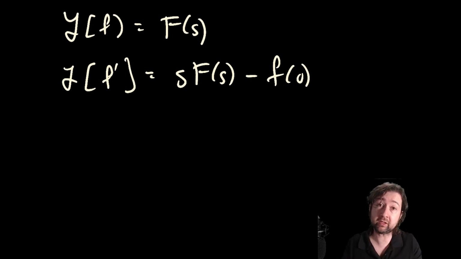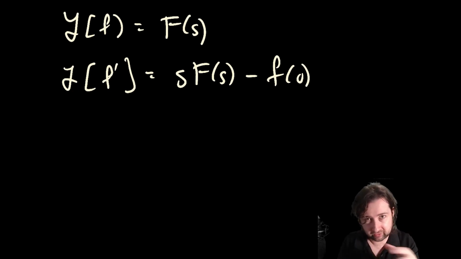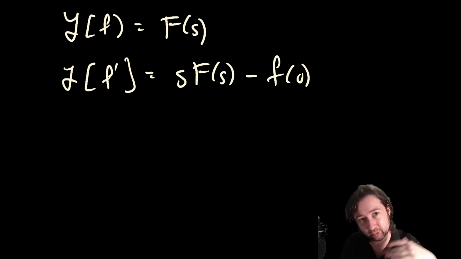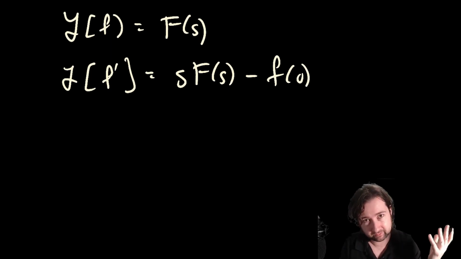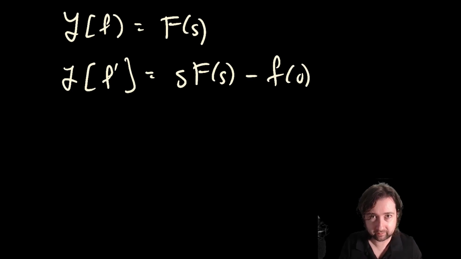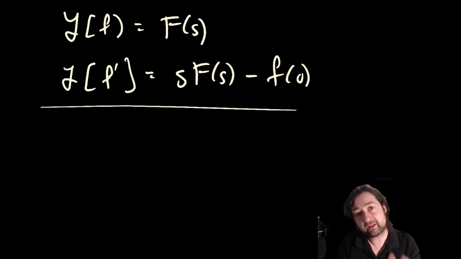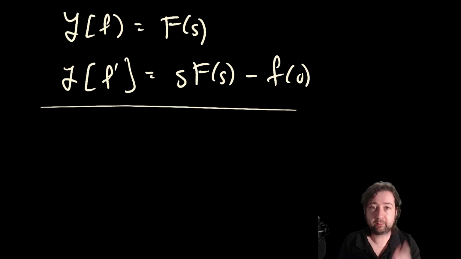So the derivatives disappear and they turn into multiplication by the variable s. Now, there's a higher order version of this formula that we're going to go through when we get to the derivative section, but the same rule will hold for any number of derivatives. You're going to get a structure exactly like this. Okay, so that's motivation for why we're doing this. Laplace transforms play nice with derivatives.